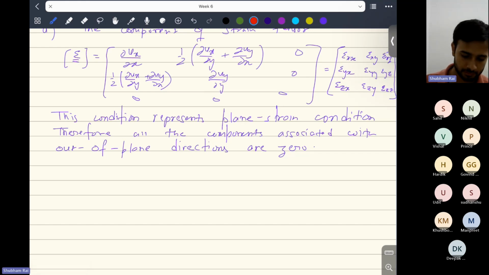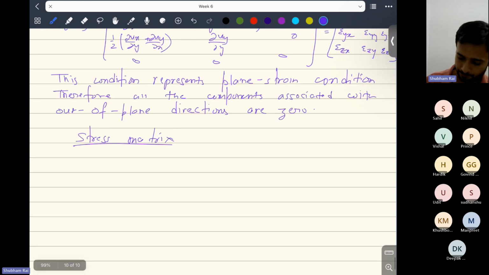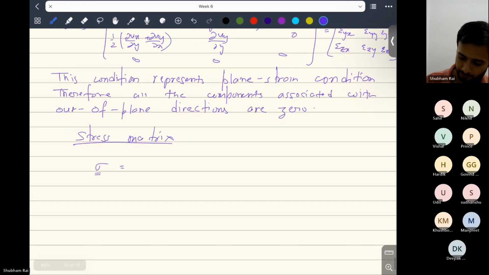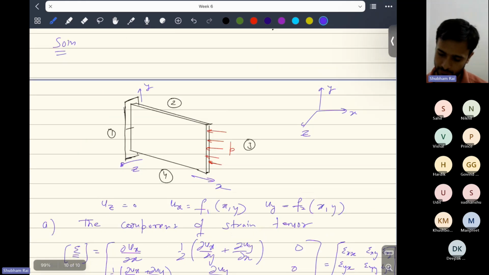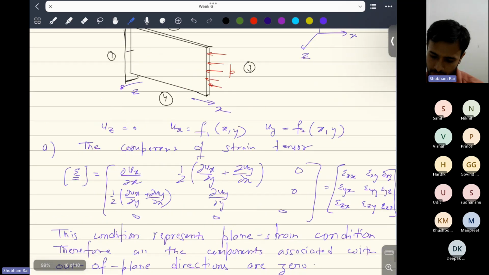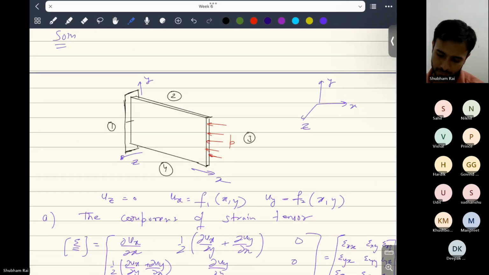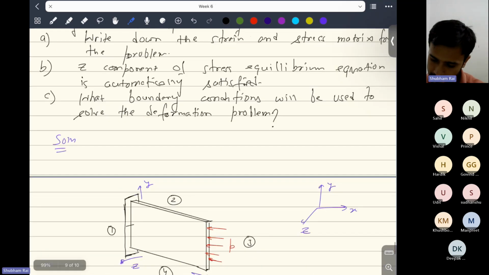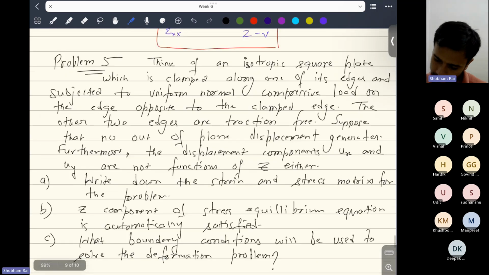Anyway, let me solve this. Let me find the stress matrix also. So the stress matrix now will be given by, so if you see here, it is very clear that there will be no stress in, so let me just write.